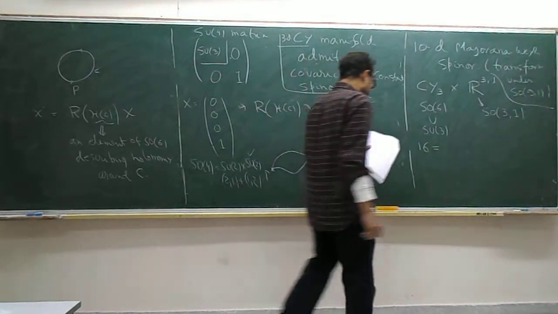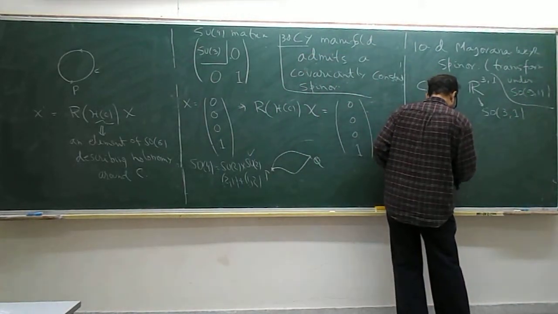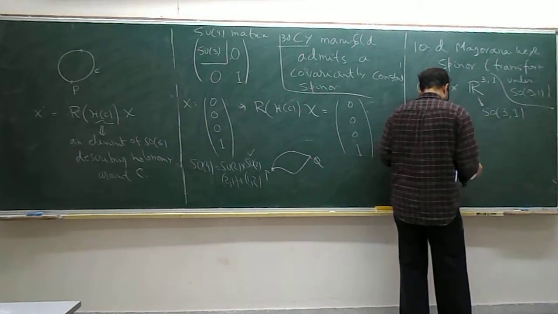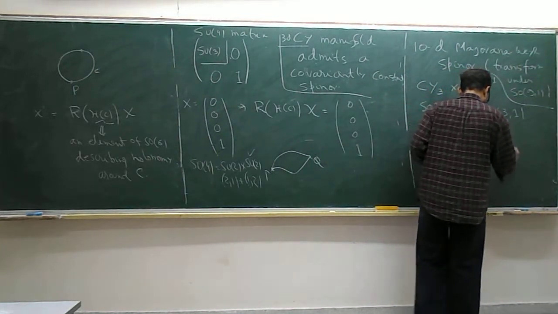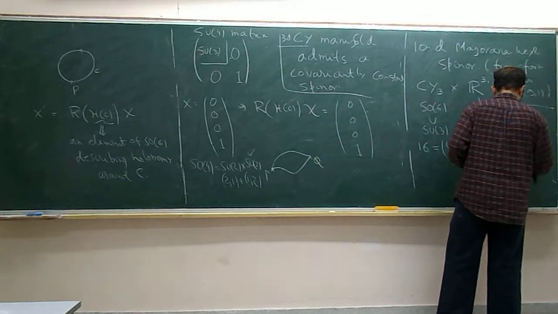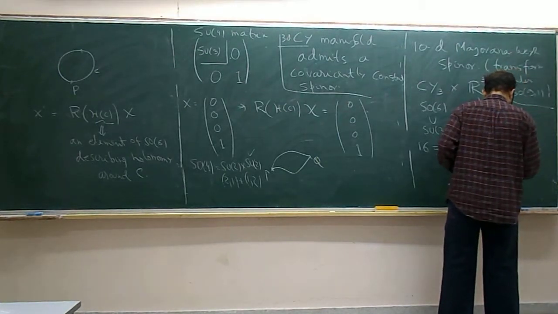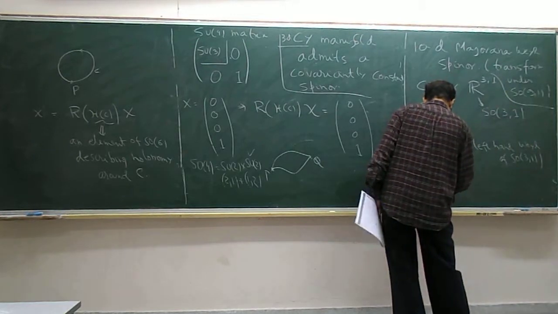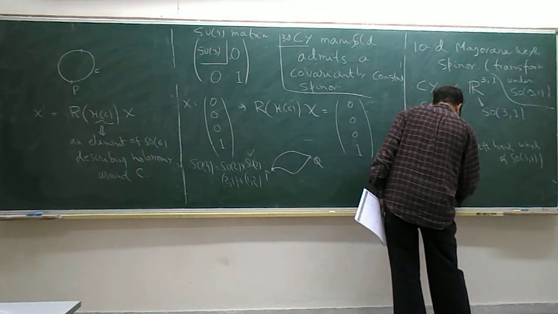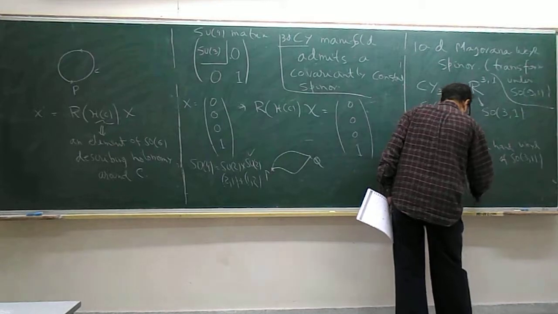that it transforms as 4 of SO(6) times left-handed spinor of SO(3,1), plus 4 bar of SO(6) and right-handed spinor.